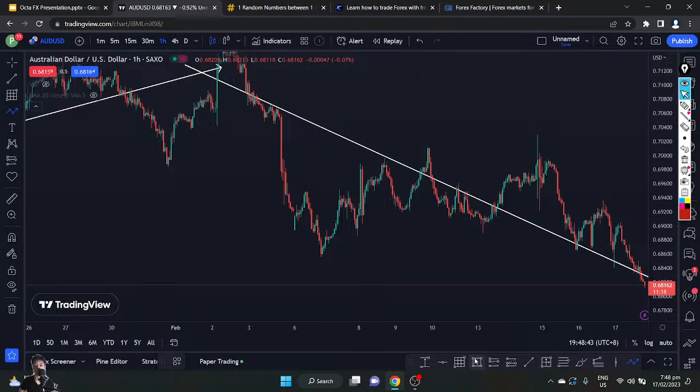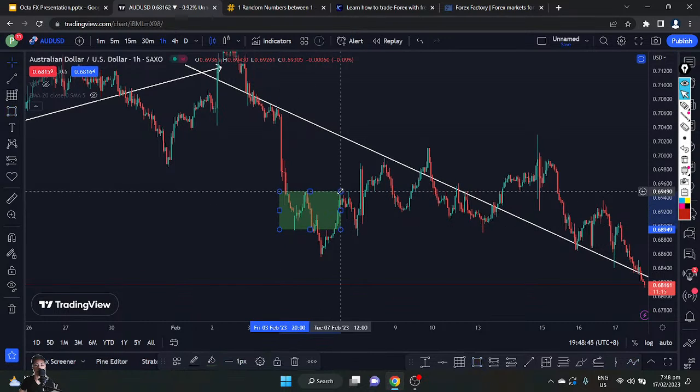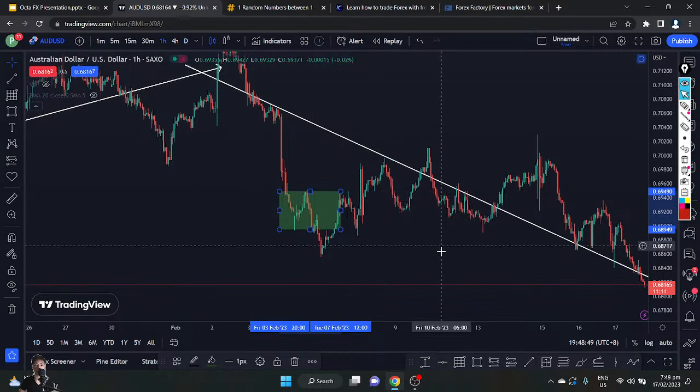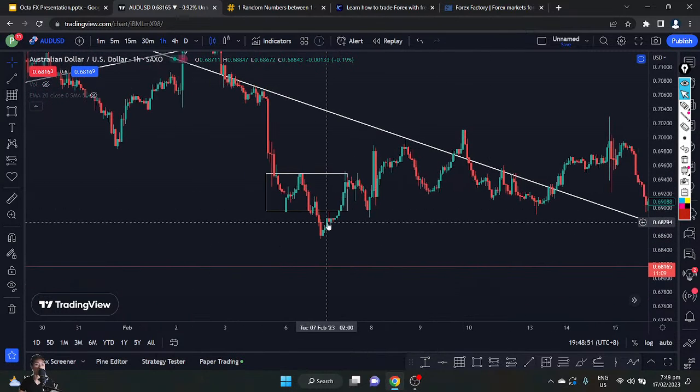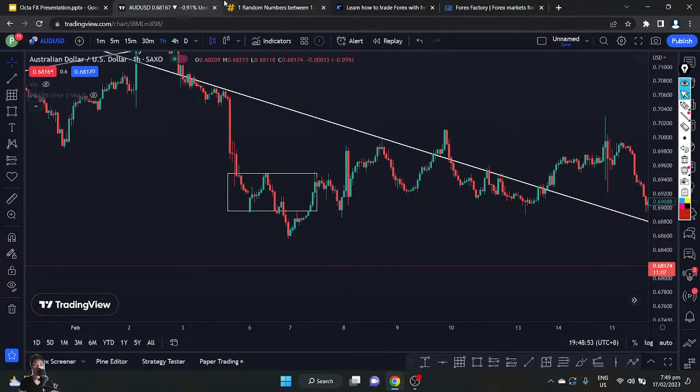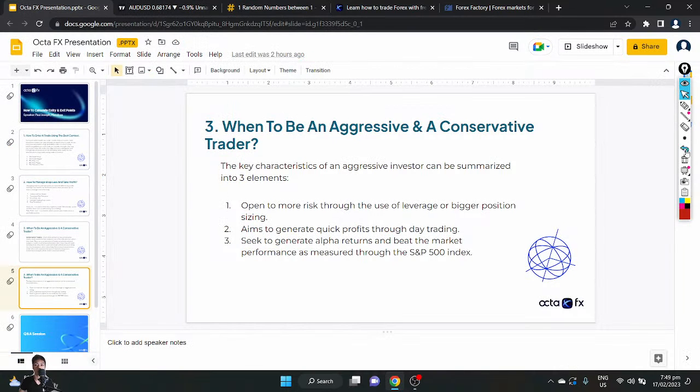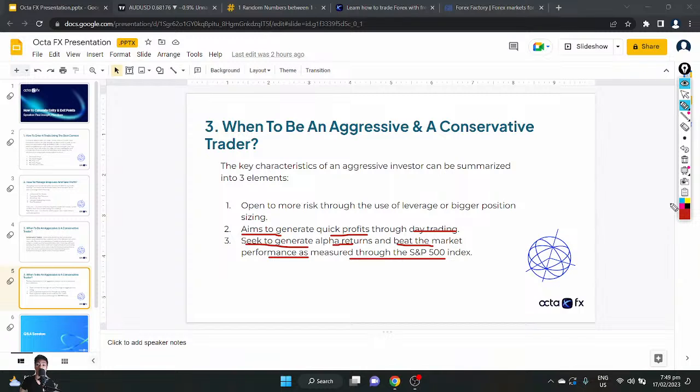Right here, we have this Darvas box again right here. So for the aggressive traders, they prefer trading the lower time frames. Okay, and just like what we read here, they aim to generate quick profits through day trading, and they seek to generate bigger returns and beat the market performance as measured through the S&P 500 index.